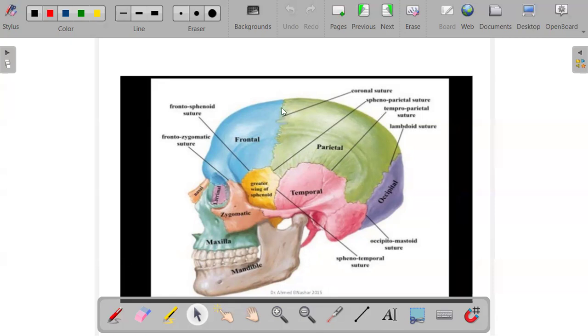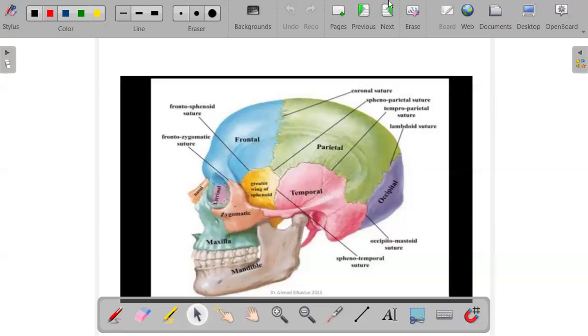We have the parietal squamous suture between this parietal and the squamous part of the temporal bone. So this is the temporoparietal suture. Then we can also see the lambdoid suture, which separates the occipital bone from the parietal bone. Okay, so that's the lateral view of the skull.